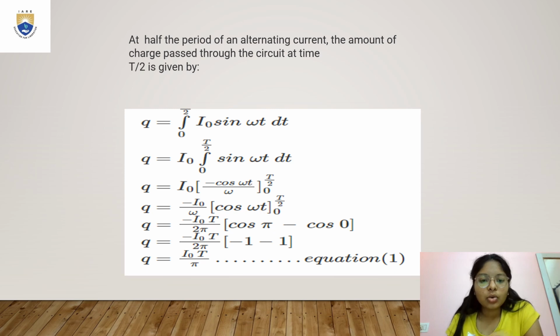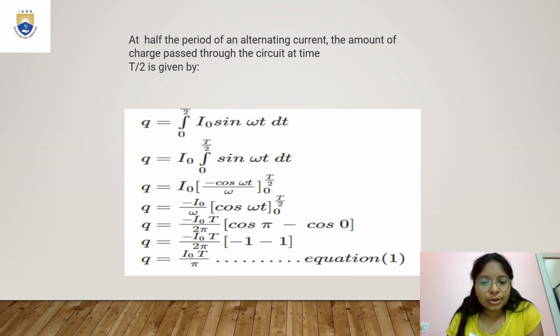So for the upper and lower limits, we take I naught outside, and q is equal to I naught times the integration of sine, which is minus cos omega t by omega, interval 0 to T by 2, and q is equal to minus I naught by omega. We take the minus sign and the omega outside, to get minus I naught by omega into cos omega t, interval 0 to T by 2.